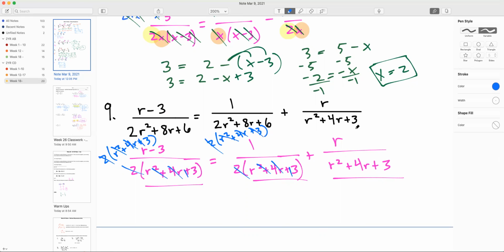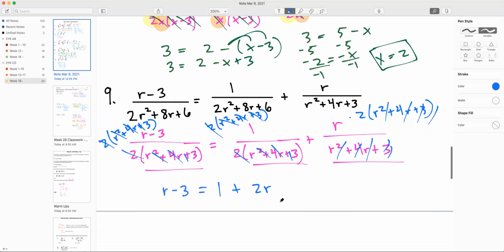And then r squared like that. And then all that's going to cancel is this with that. So we're left with an r minus 3 right here. That's all we're left with. And then equals a 1. And then plus an r times a 2, right? Which is 2r.